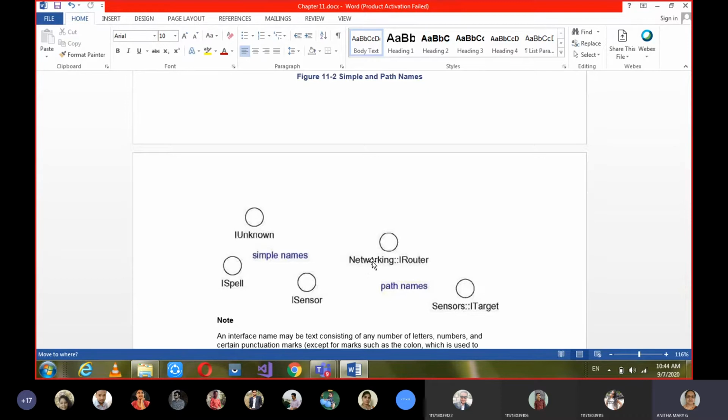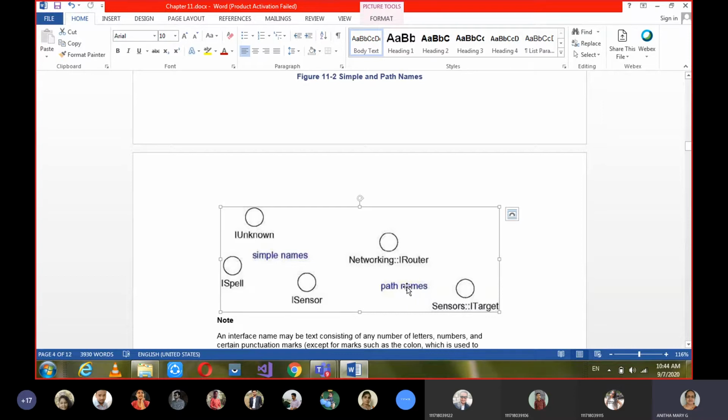So we are able to give the complete path, say when you want to give some image: C colon, the drive, then the folder pictures, and the picture you are taking. Do we give the complete path when we want to retrieve an image into our HTML files? I hope you remember that. That way we can give the path, or else directly copy the image where you want it, and then you don't need the path name. Similarly here we can give simple names or path names.